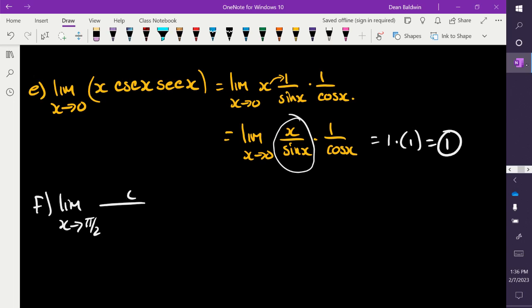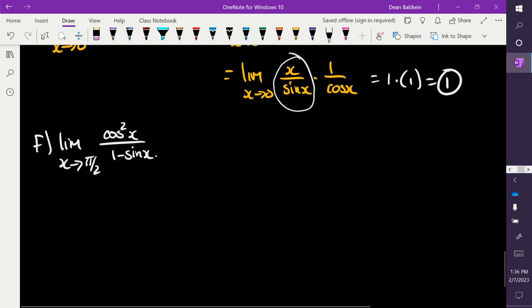Oh, sorry, it should be cos squared, not sine squared. All right. The limit as x goes to pi over 2. If I say pi over 2, what do I mean? 90 degrees. What's cosine of 90? 0.